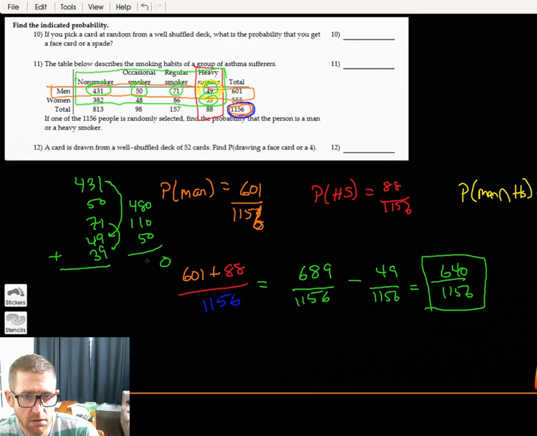So you get that 640. You can just count each piece once.